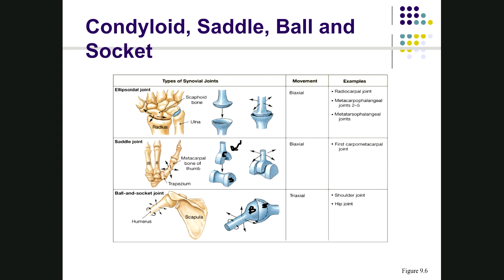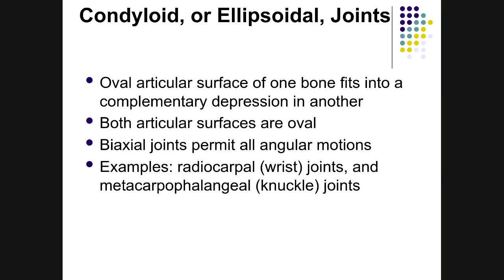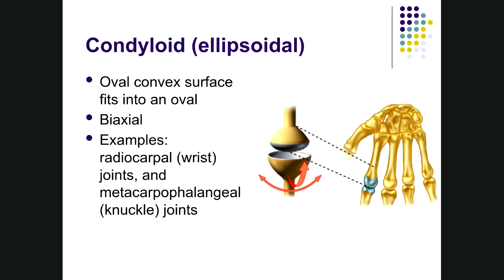So let's look at these. So let's look at condyloid or ellipsoidal. Again, they're oval. Both surfaces are oval. And when you look at it, you can see there is the oval convex and there is the oval concave. Well, an oval is shaped like this.